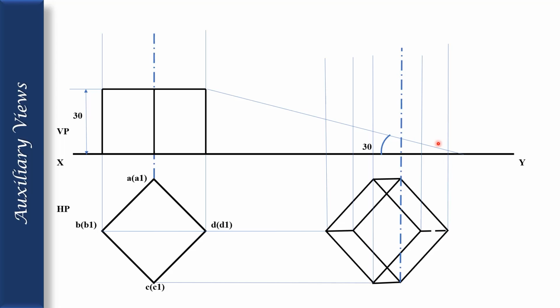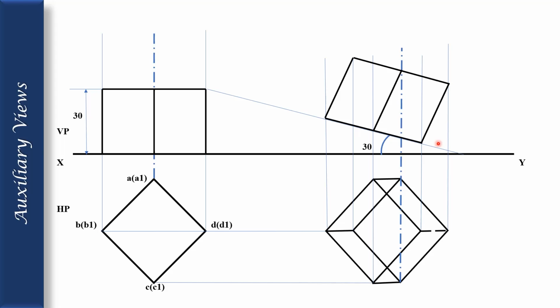Now, at the last, we are going to finish the diagram. It is the auxiliary inclined plane. See, this is the perpendicular line to the 30 degree. Draw the perpendicular line to the 30 degree and join at the center point.